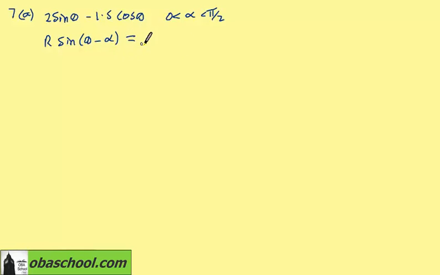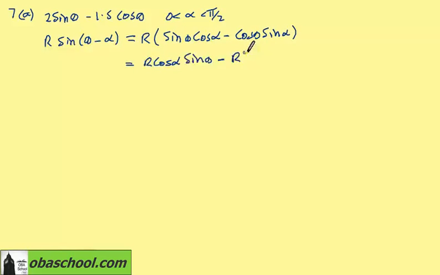R sine theta minus alpha is r into sine theta cos alpha minus cos theta sine alpha. We can rearrange this to give r cos alpha sine theta, take away r sine alpha cos theta.